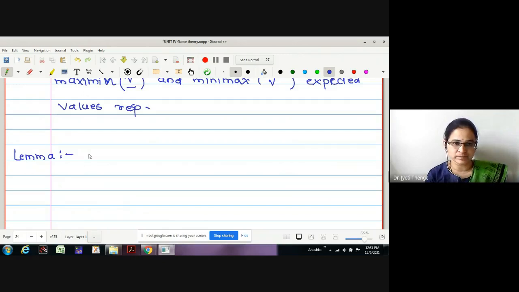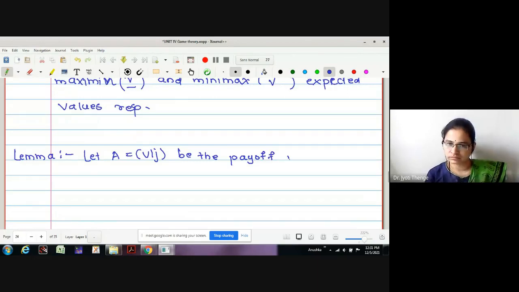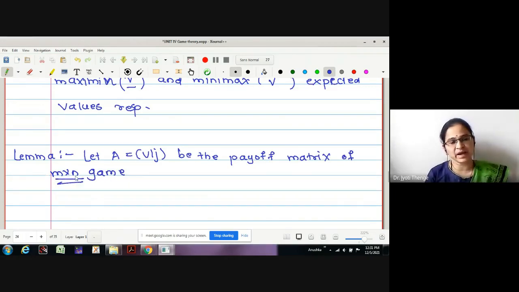Let A equal Vij be the payoff matrix of an m by n game. What does m by n game mean? I told you earlier: player A has m activities and player B has n activities, so the resultant payoff matrix is of order m by n.